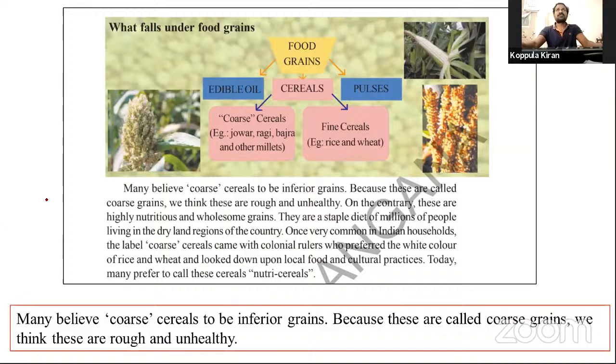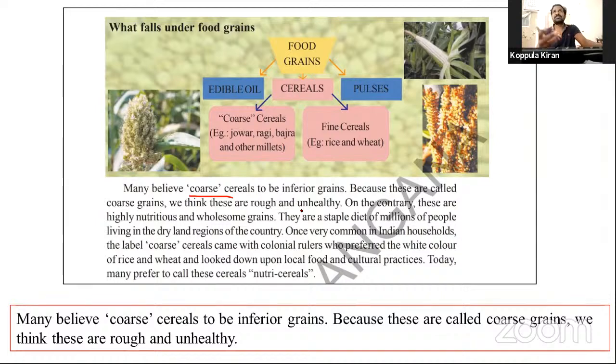So, what are the food grains? See this picture. Food grains, edible oil and pulses. There are two types of food grains. Cereals: coarse cereals, which we discussed in yesterday's class, jowar, ragi, bajra and other millets, and fine cereals. These are coarse cereals. In early days, most people neglected these crops, ragi, jowar, bajra.